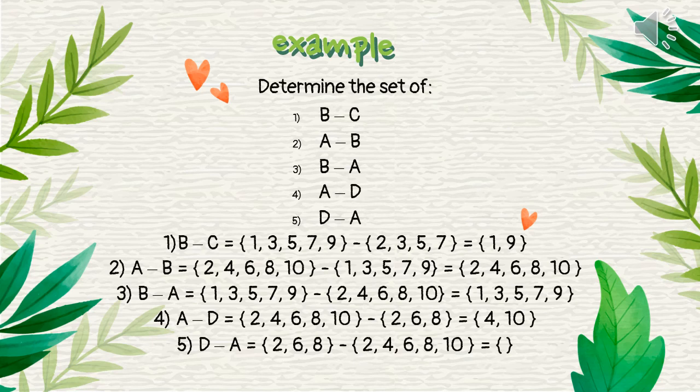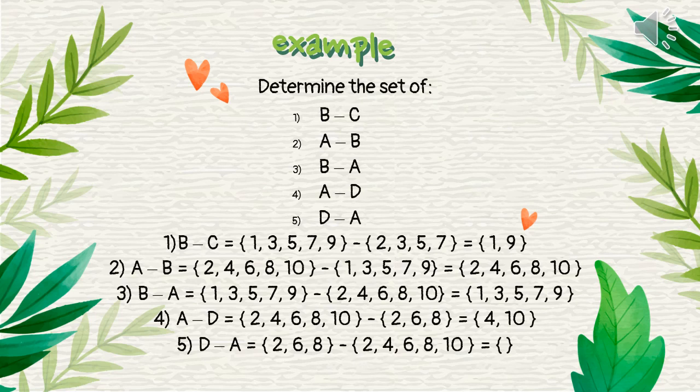The second, A − B, is {2, 4, 6, 8, 10} − {1, 3, 5, 7, 9}, which is {2, 4, 6, 8, 10}. The third, B − A, is {1, 3, 5, 7, 9} − {2, 4, 6, 8, 10}, which is {1, 3, 5, 7, 9}.